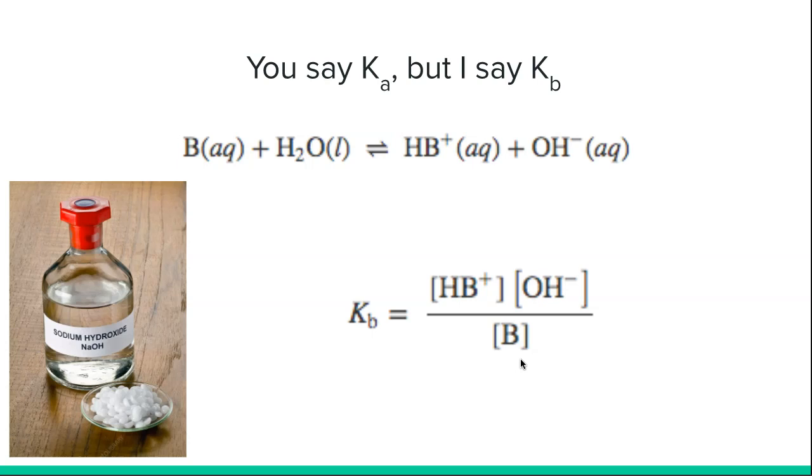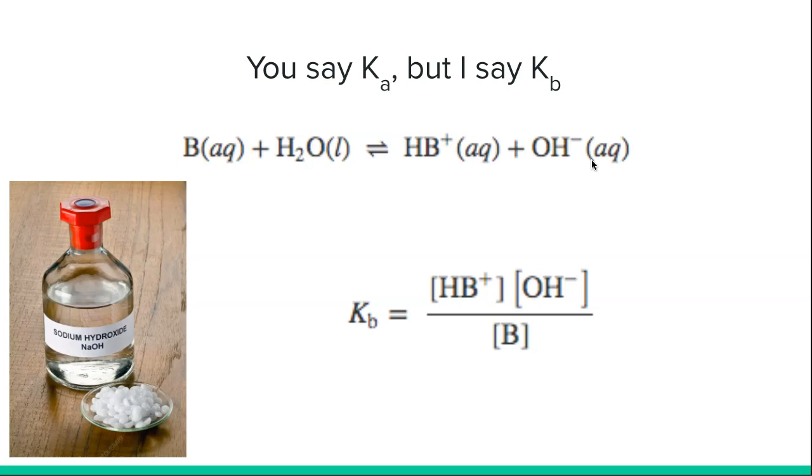So we're talking about Ka here, but Ka is not the only thing. There's also Kb, as we've mentioned, and Kb looks a little bit different. Instead of HA plus H2O going to the hydronium ion and the conjugate base, we now have the base becoming a conjugate acid, which we call HB, and it releases hydroxide.